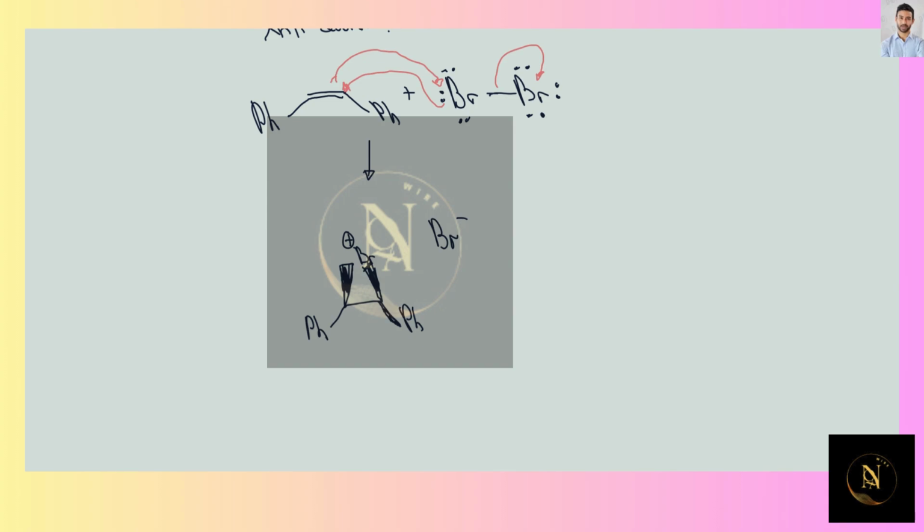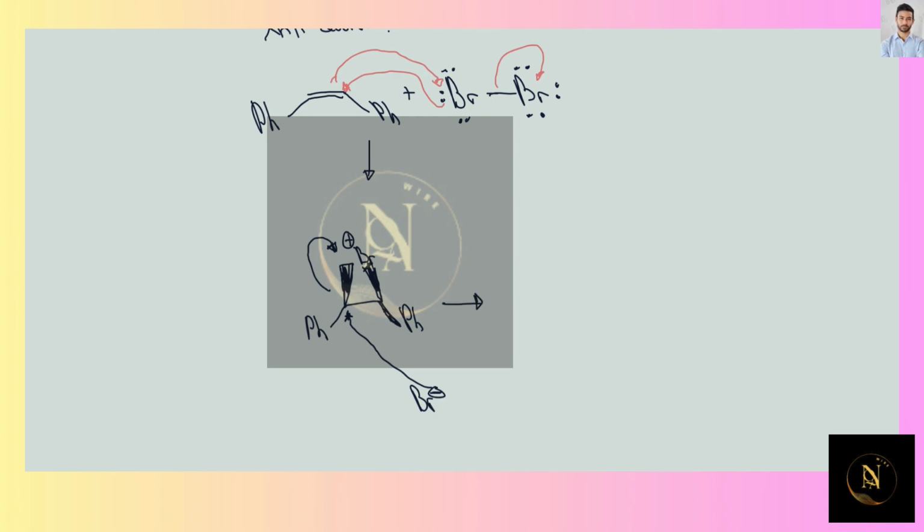The bromine, I'm going to draw it down below just for the sake of simplicity. Now it is going to attack either of the carbon atoms and take away the pair of electrons towards the bromine. So this is going to generate our final product.